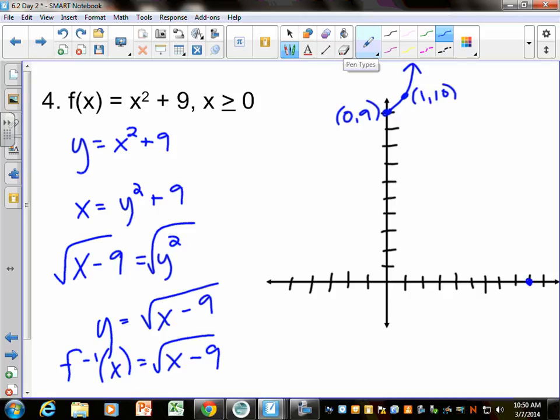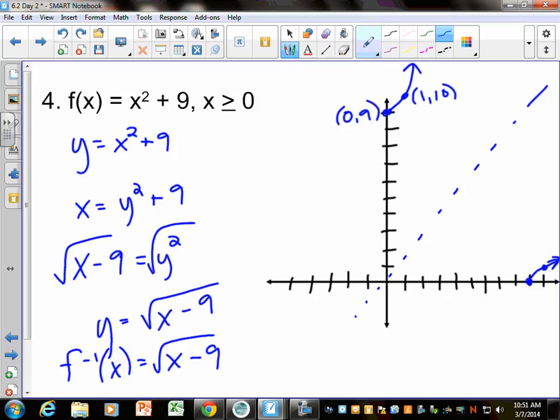And then at 10, 1, it's going to flip, and it's going to go like that. And it seems very, very small, but it is reflecting about that line. If you took this and you flipped it over, it's a little squished in there, but it is reflecting about that line. And so when you have to graph these, if you just graph one of them and flip the points over, then you'll get the inverse as well.